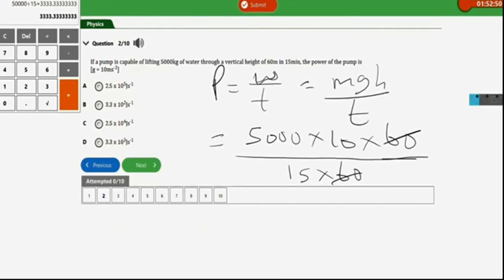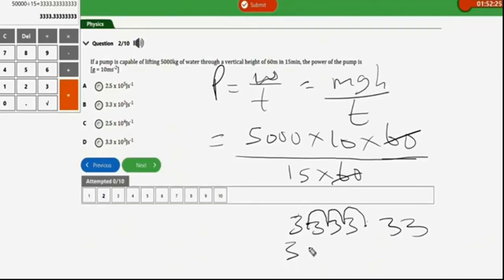Let me show you why it's Option D, because if you don't know standard form, you will fail it. We have 3.33, let me stop at 2 decimal places. If we are expressing this in standard form, going backward, this is 1, 2, 3, so we move 3 times.